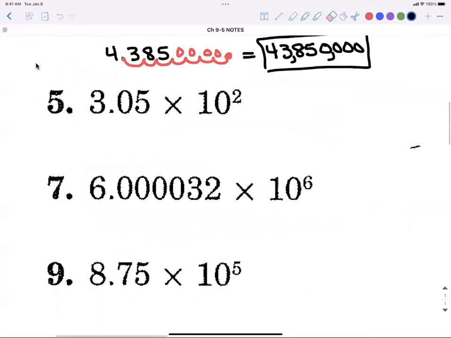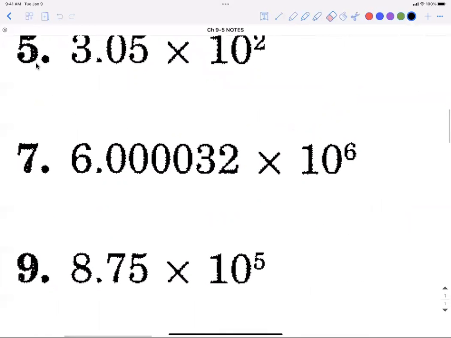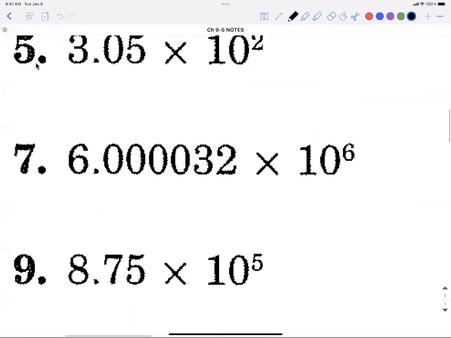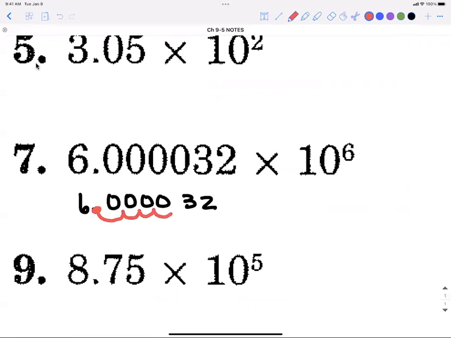I am going to do one like this just to show you. I'm going to rewrite my A. 1, 2, 3, 4. Now I'm going to put my pencil where the original decimal was, and I'm going to go to the right. 1, 2, 3, 4, 5, 6. Notice I don't have to add any zeros here because the decimal only had six spaces to move.